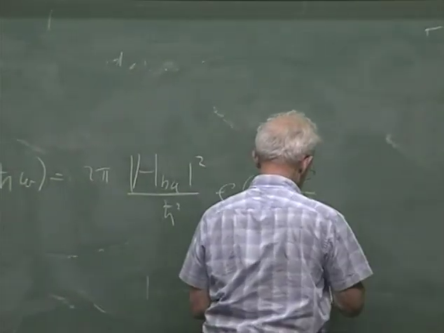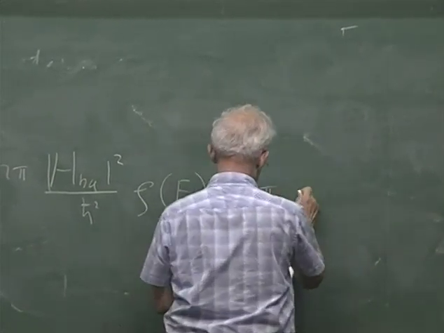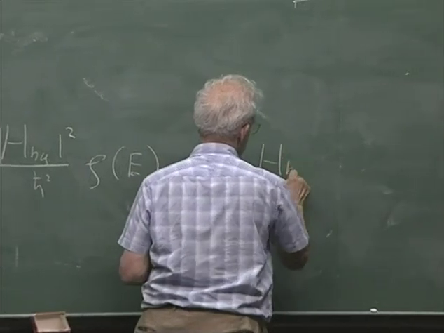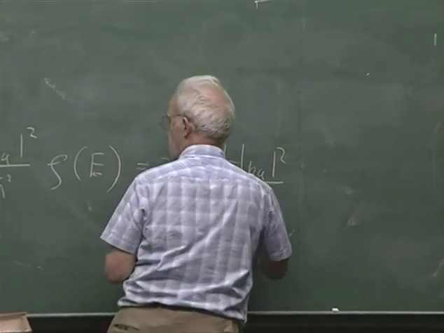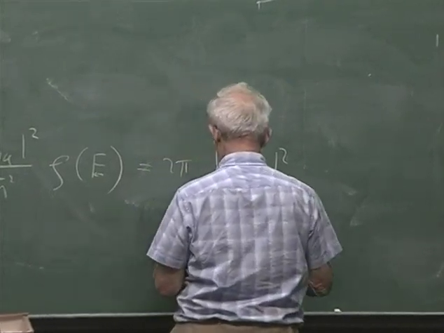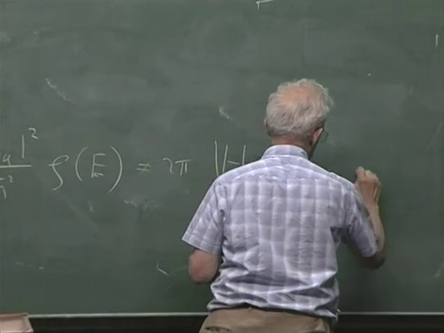This then becomes 2 pi times |H_BA| squared over H bar squared times n of omega.